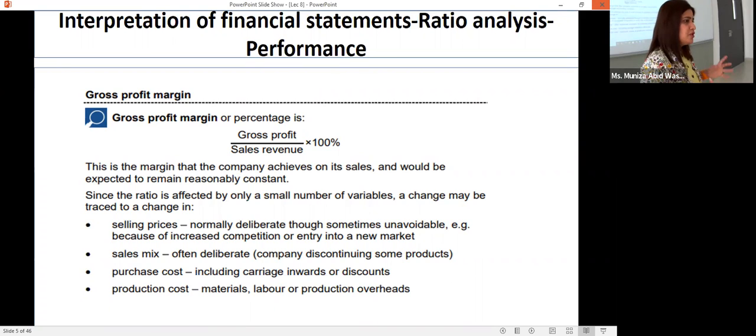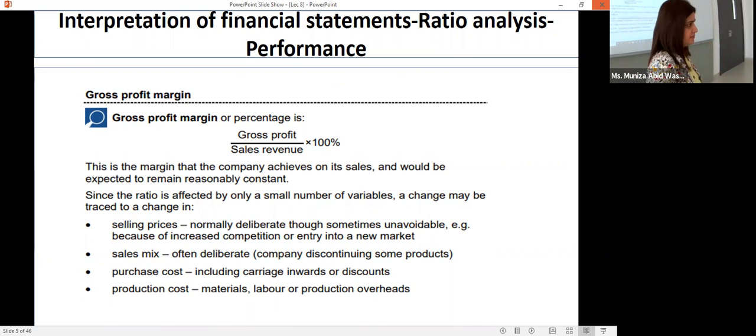In an exam situation, you will be facing the financial statements, and on the financial statements, you have to apply these ratios by yourself. So when you have to cover the performance area, the first ratio which you are going to apply is in regards to the revenue. You are going to see how much revenue has increased or decreased from the previous years.